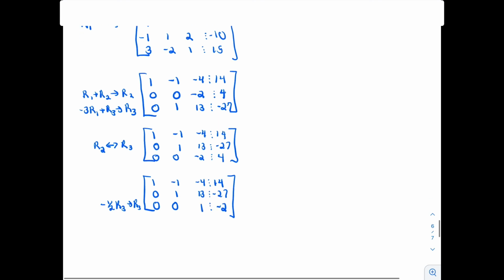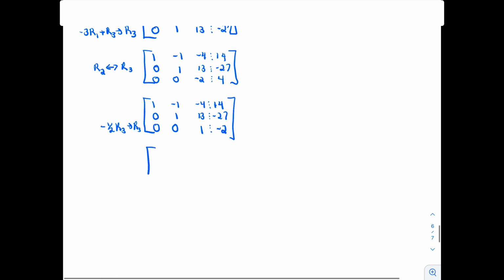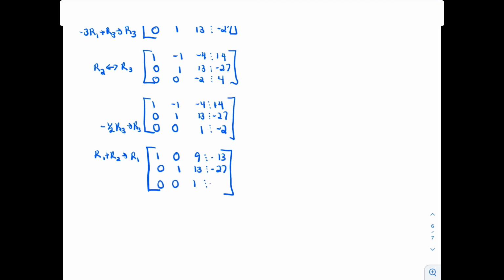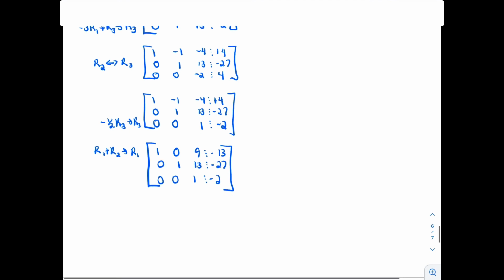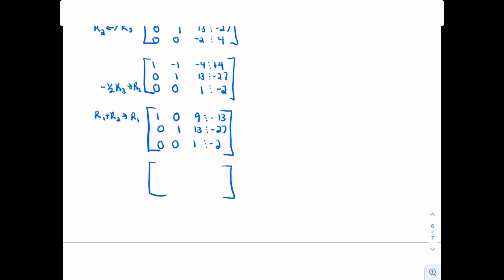So we are in row echelon form, so now we need to get into reduced row echelon form. In column 2, I need a 0 in the entry above the leading one, and I can do that by taking row 1 plus row 2. And the last step is I need to get zeros in that third column above the leading one.